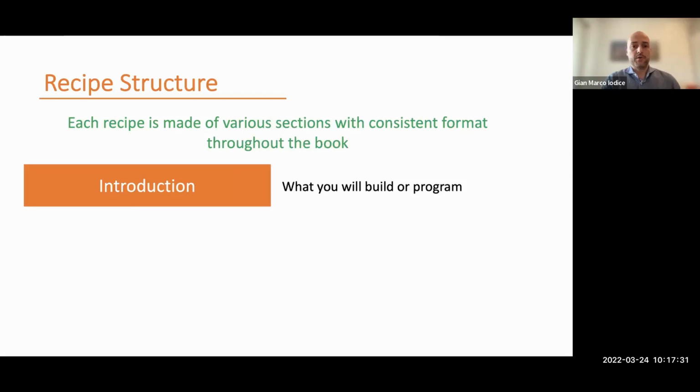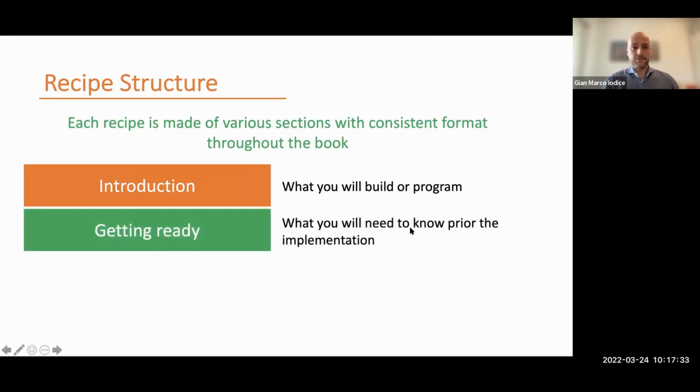After that, it will follow the getting ready section. In the getting ready section, you will be prepared, or in short, you will know what you need to know for implementing the recipe. So actually, the getting ready section will help the reader to know exactly what is needed and why the things are needed for building that recipe.